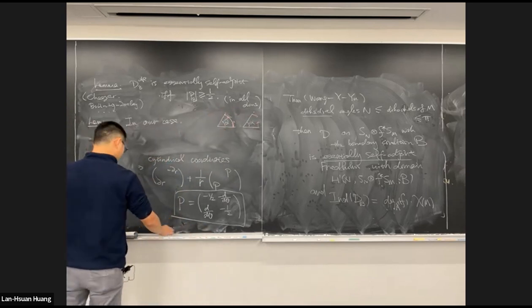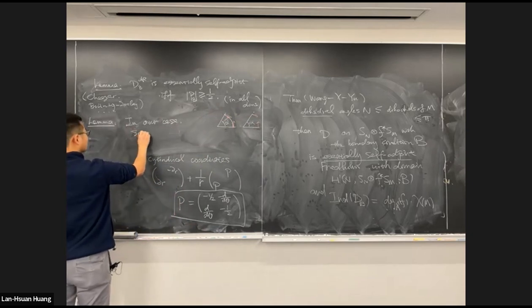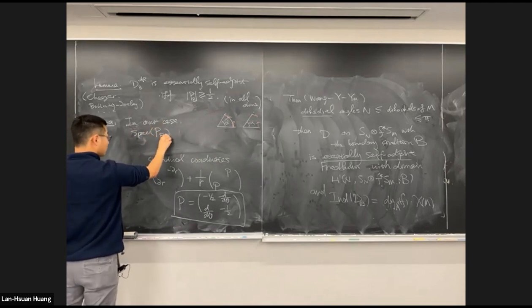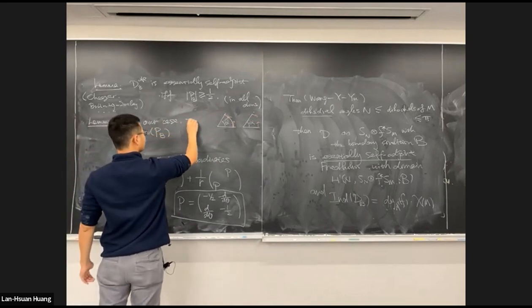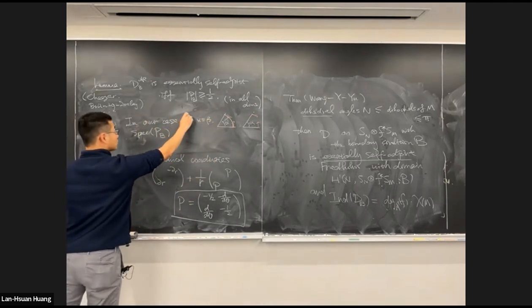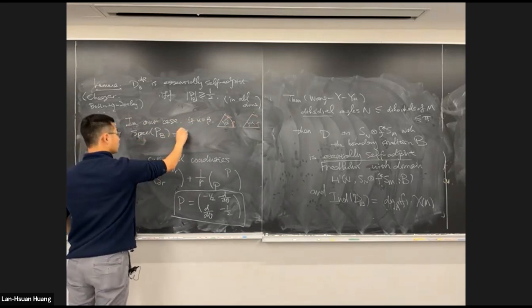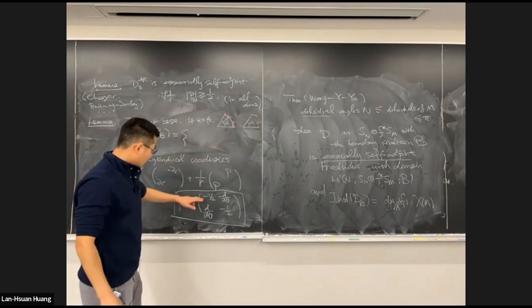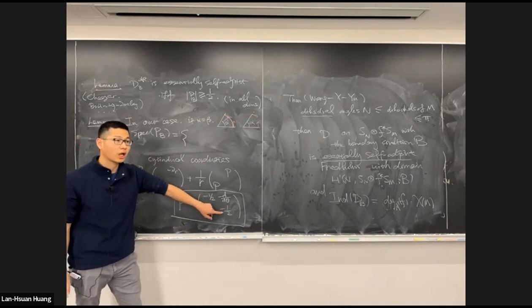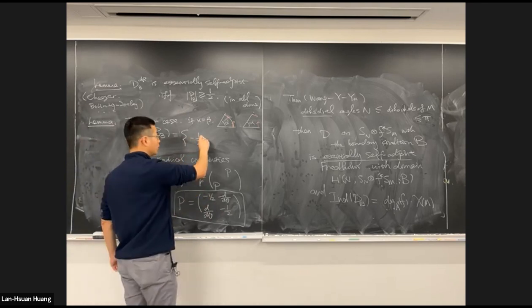So in this case, this is really an explicit computation. Suppose alpha is equal to beta. You want to compute the spectrum of this guy. Of course it'll be shifted by 1/2.